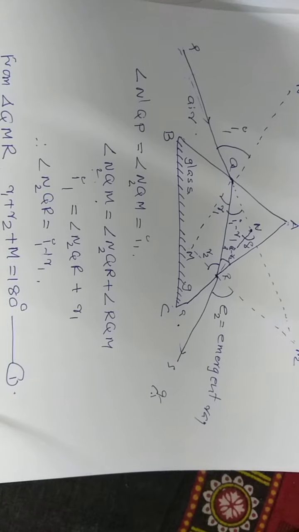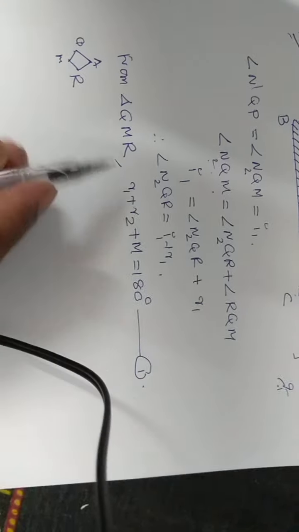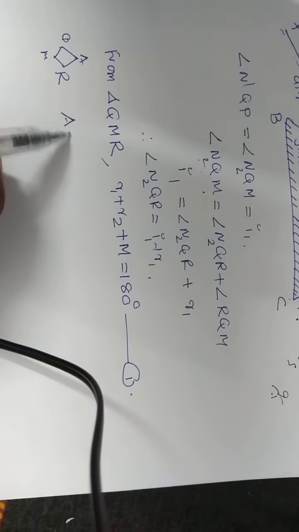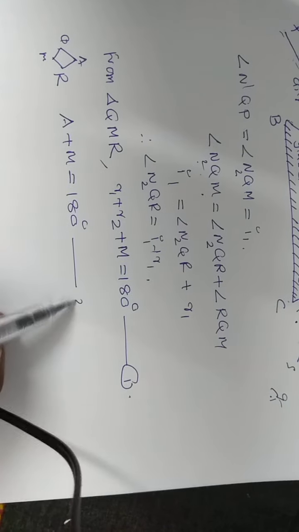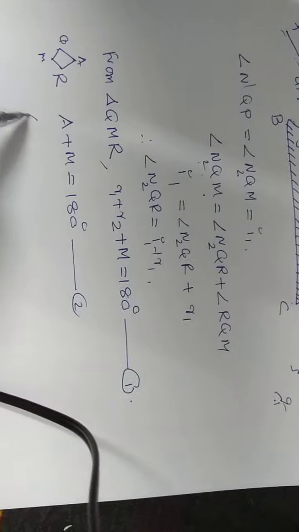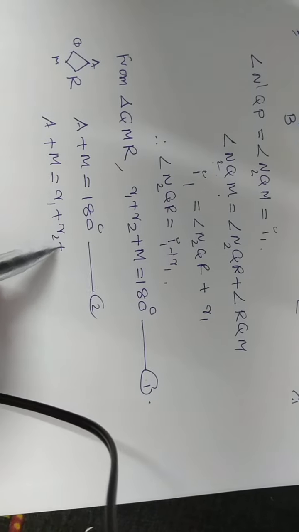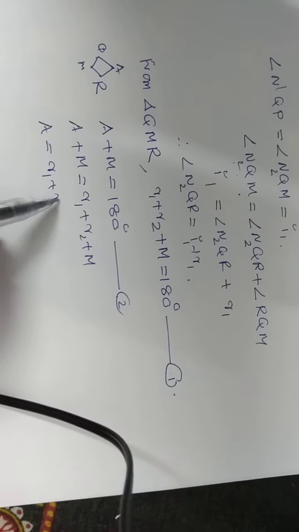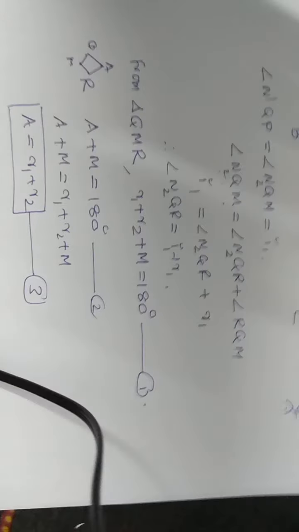Okay, so we can write for cyclic quadrilateral AQMR, therefore A plus M is equal to 180 degrees. Both equal 180, so we can write A plus M is equal to R1 plus R2 plus M. Therefore, A is equal to R1 plus R2. Equation number 3. It's a simple concept.